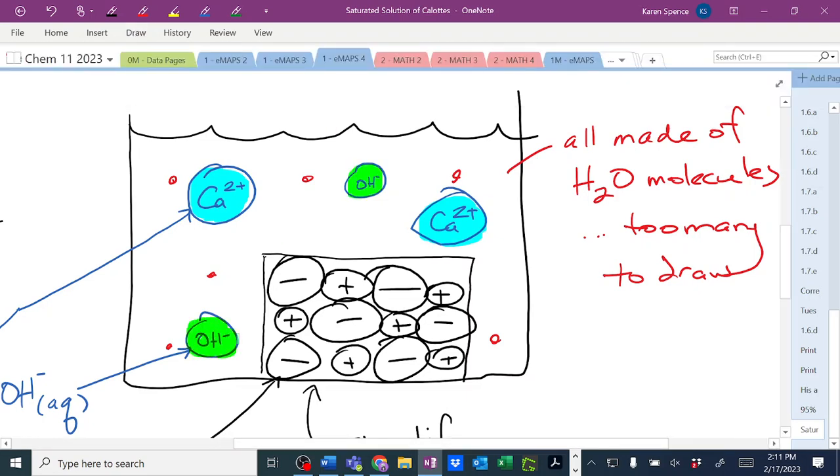Because right now, in order to get the 2 hydroxide that are there, they would have come apart with the 1 calcium. So what happened to the hydroxides for this calcium? We would need to draw a couple more in. So we could draw in a couple more hydroxides. And now we have a lovely saturated solution of calcium hydroxide.